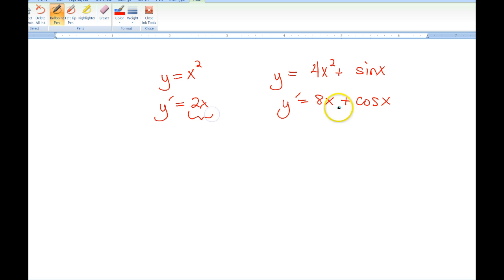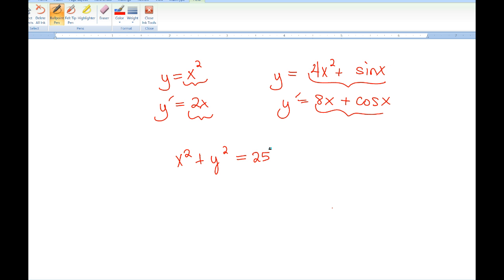Notice on the right side are all my x's, and on my left side it's just y equals. This is explicit differentiation. We don't call it that, but that's what it is. So what is implicit? Implicit is the opposite of explicit. High five, Jordan. It would be find the derivative of this equation. Do you see the difference between the two?